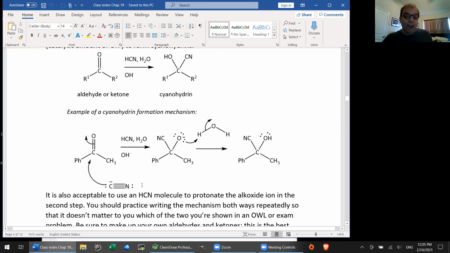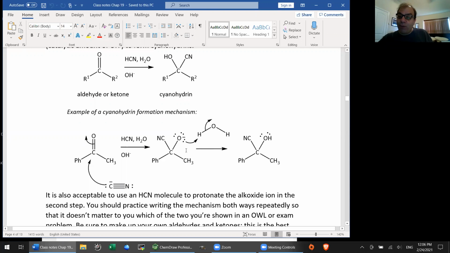That will attack our carbonyl. It will lead to formation of an alkoxide ion, which again, since we're in alkaline solution regardless, that's perfectly fine. Next, all we need to do is find a proton source to put the proton on that alkoxide and give us our neutral cyanohydrin. Water is perfectly fine.